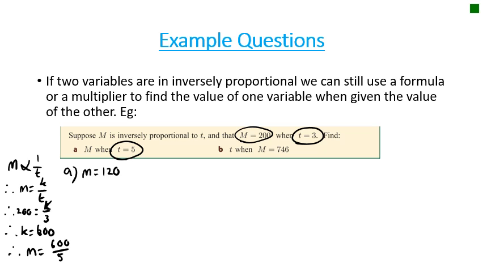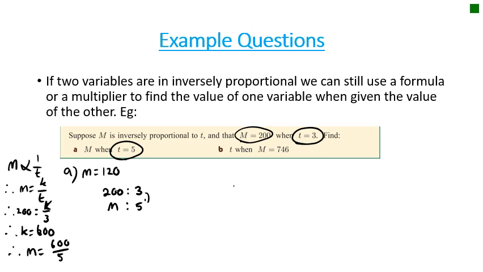Now if I want to use the multiplier, I can say for t, 3, so 200 to 3 is the same as m to 5.